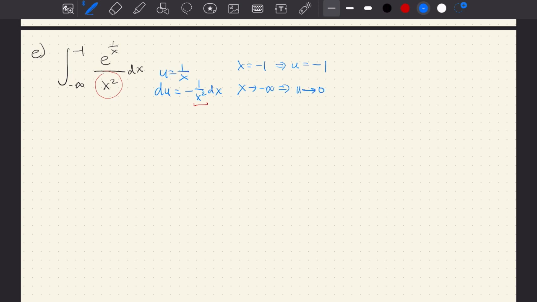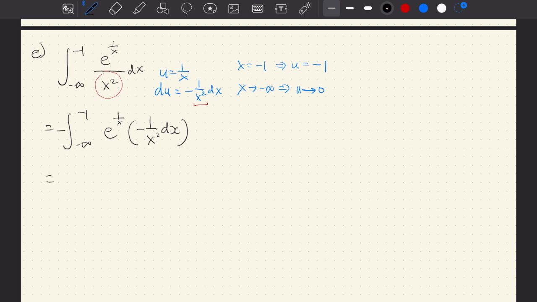Okay, so here we can proceed with our prepping of u substitution. This is equal to the integral from negative infinity to negative 1, and here we want negative 1 over x squared dx, right? You see that we're adding a negative sign within the integral, so we have to have a negative sign here.